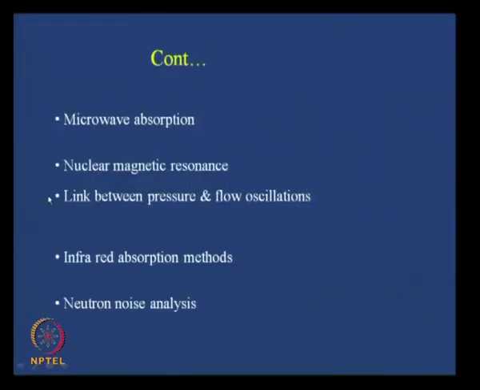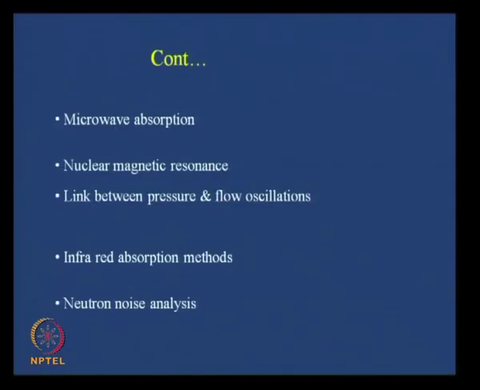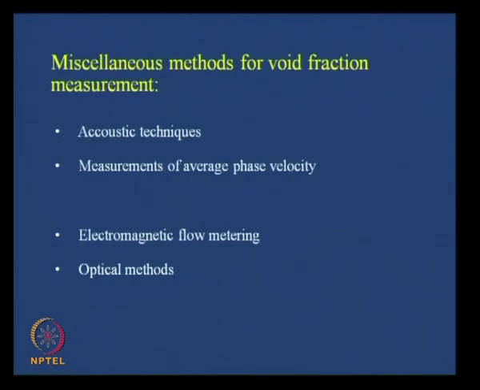So, this particular technique which I have written, link between pressure and flow oscillations, is primarily used for sodium liquid vapor systems. Okay. By using a pump, we impose some amount of pressure oscillations. From this pressure oscillation, some flow oscillations are induced. This flow oscillation depends upon alpha. This is one.